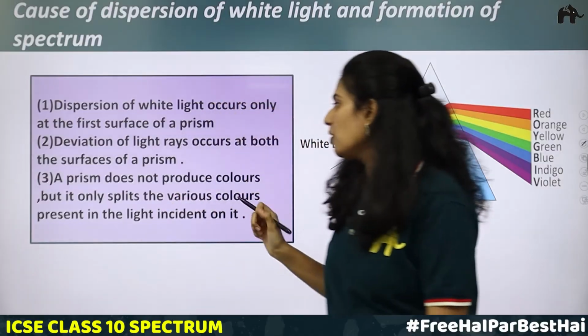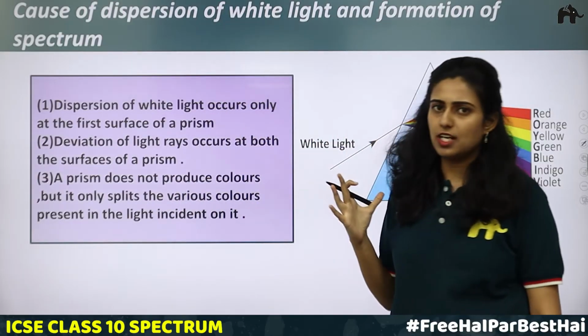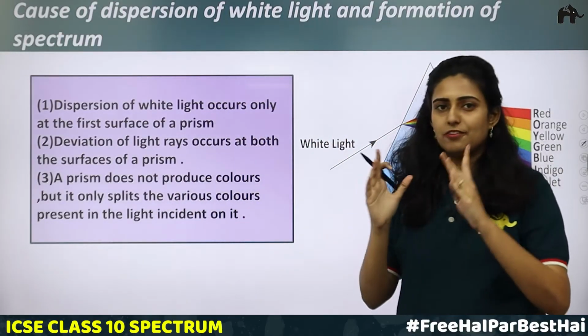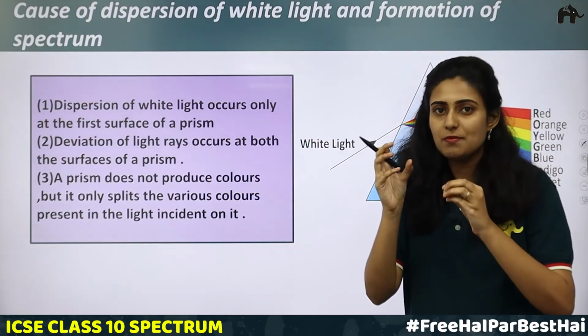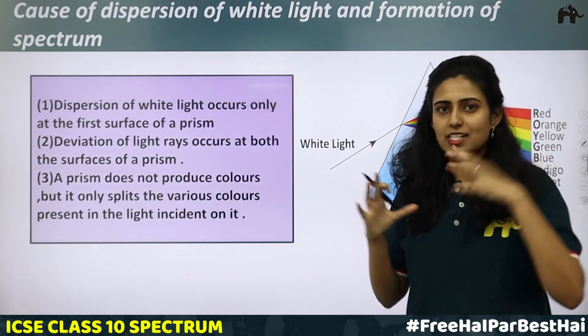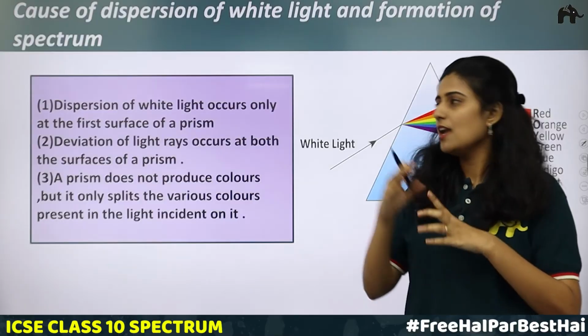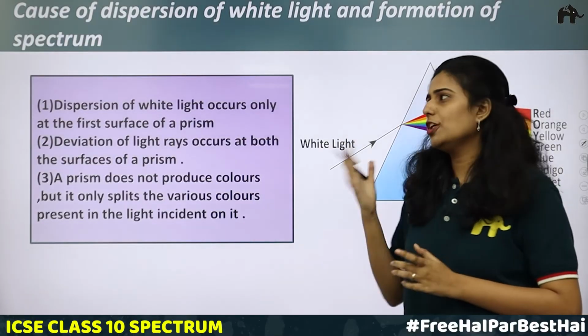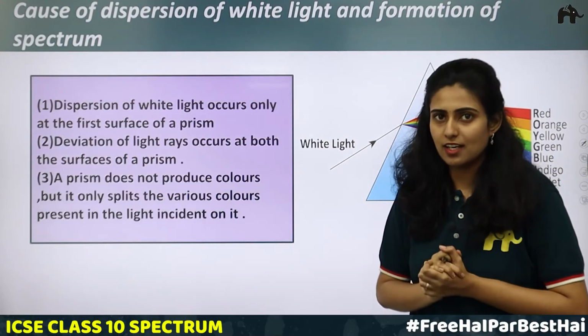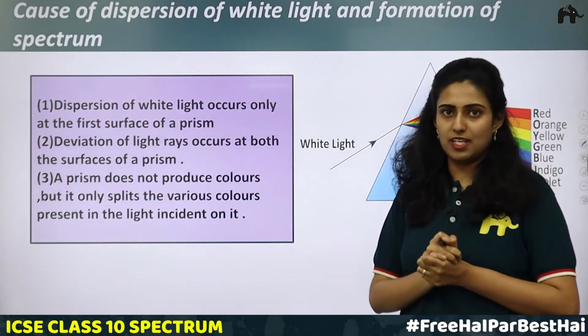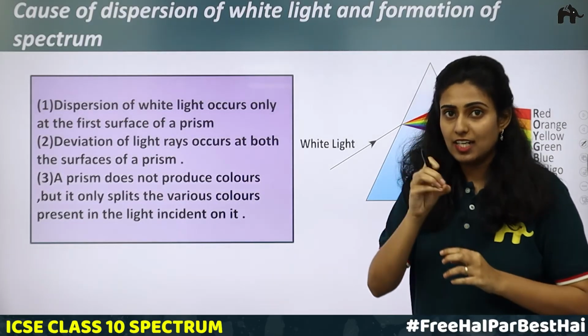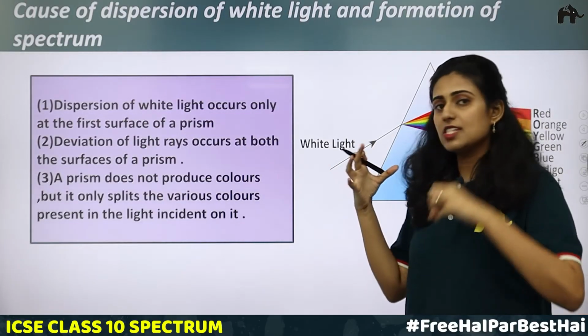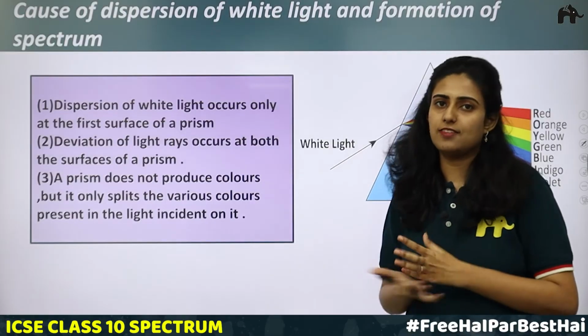Now the third point, a prism does not produce colors. When you first saw a prism, we took a prism and when white light is passed through the prism, you see different colors. You thought the prism is producing the colors, but this is not actually happening. The prism just splits the white light into its different colors.